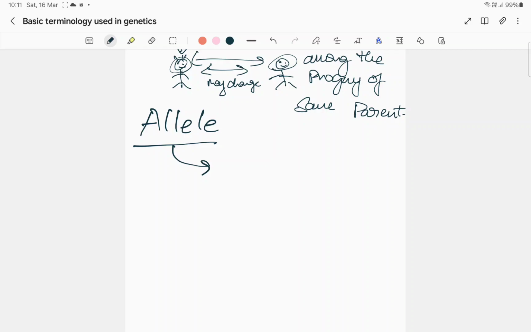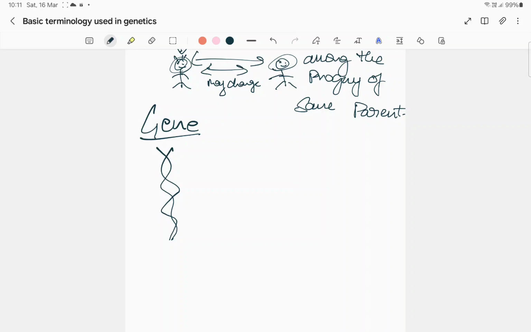Before coming to the allele, we have to get to know what a gene is. In our DNA, some part of the nucleotide sequence will govern one character.